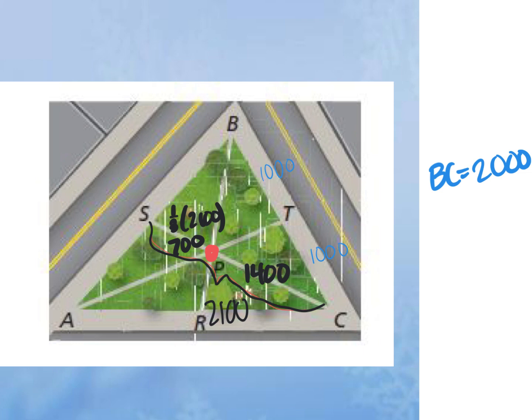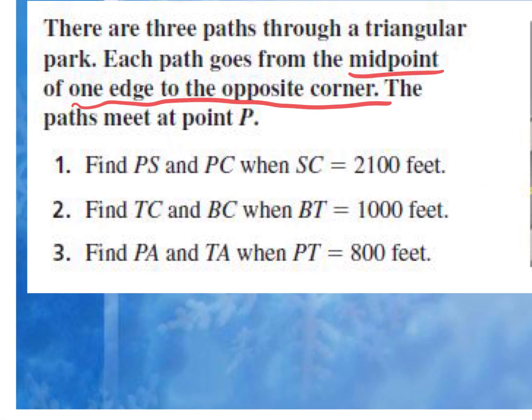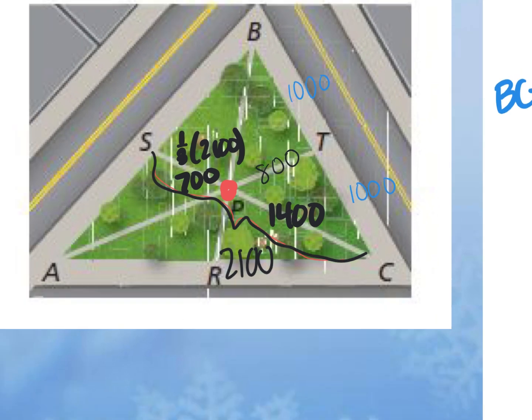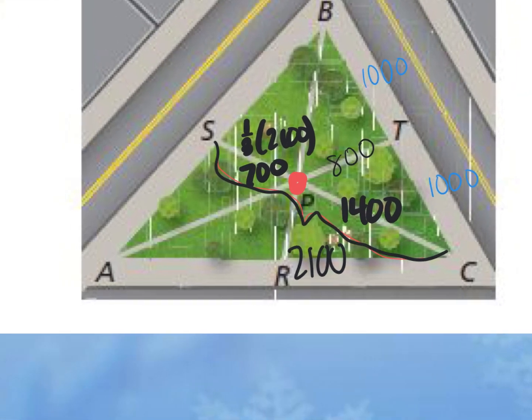All right, last example, I promise, okay? We're going to find PA and TA when PT is 800 feet. So PT is going to be 800. How could we find AP or AT? Cody? Good.